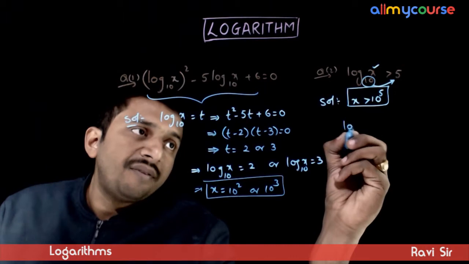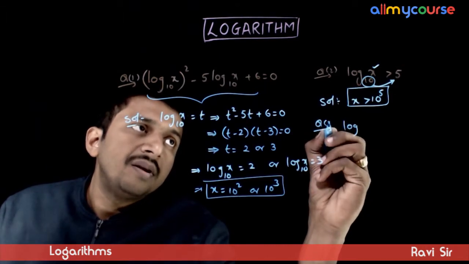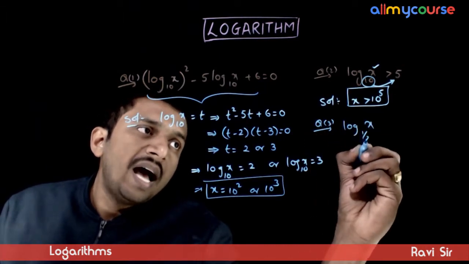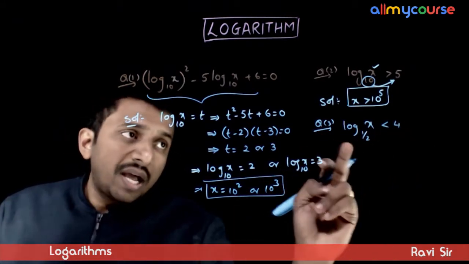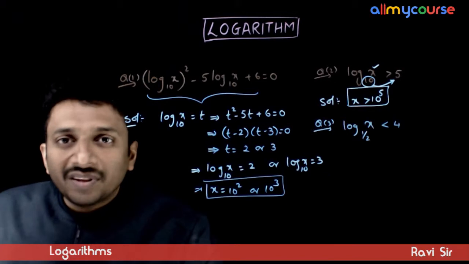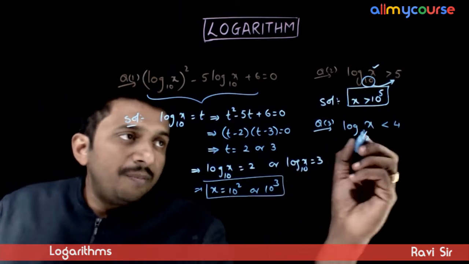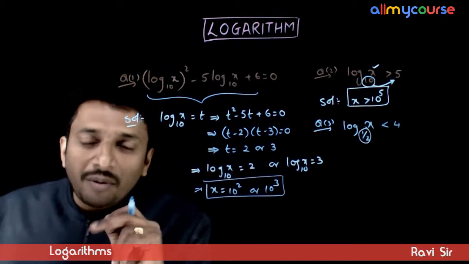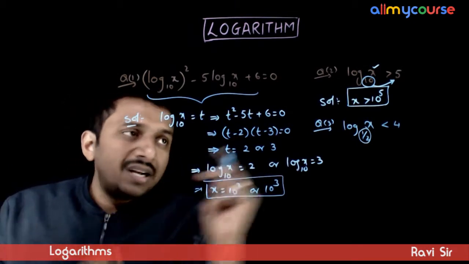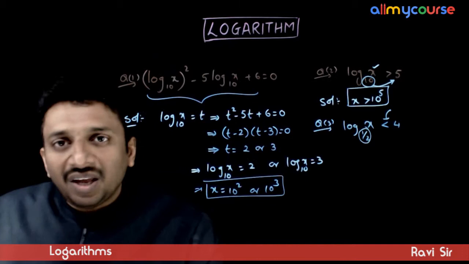So if I have a different question where log x to the base half is less than 4, I cannot directly convert this into the exponential form. If the base is in between 0 and 1, you can convert this into exponential form, but remember that you need to reverse the inequality.